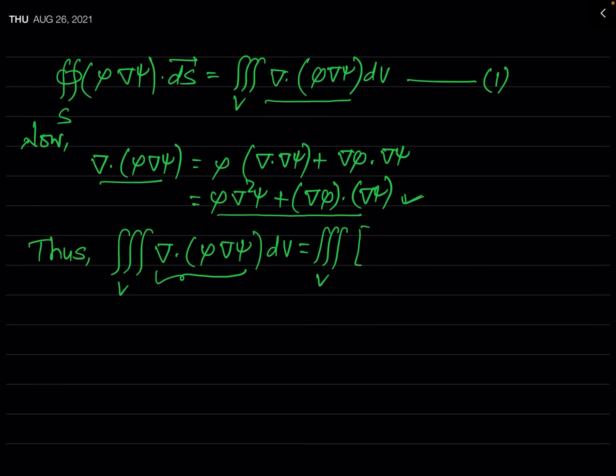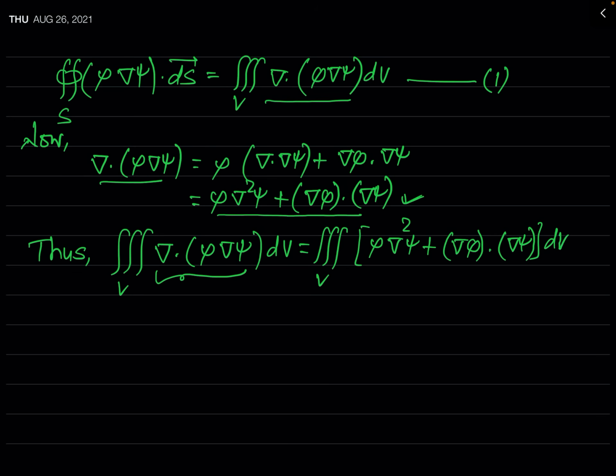So this is phi del 2 psi plus del phi dot del psi dV.